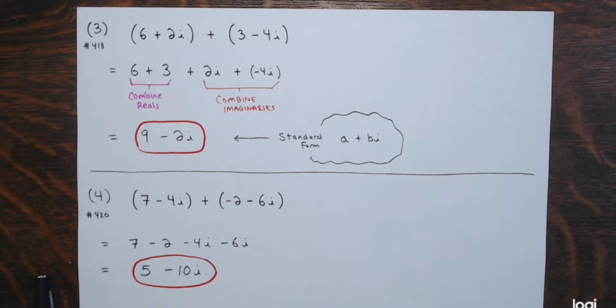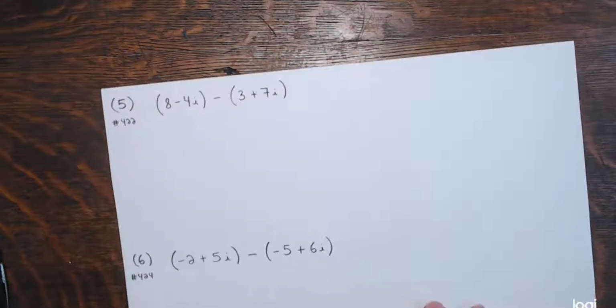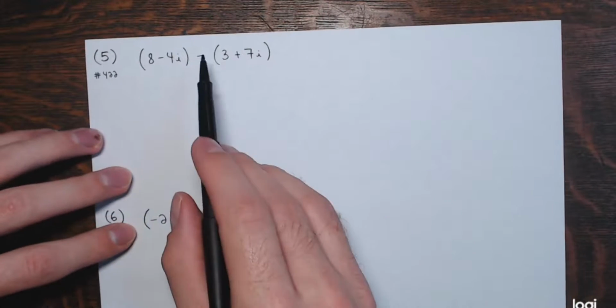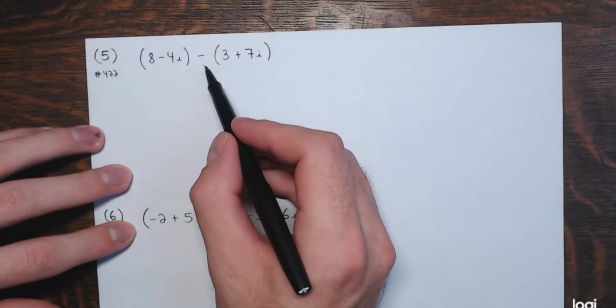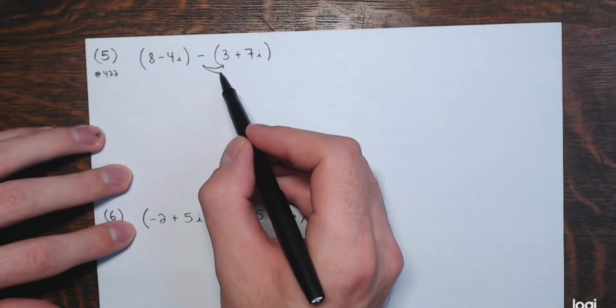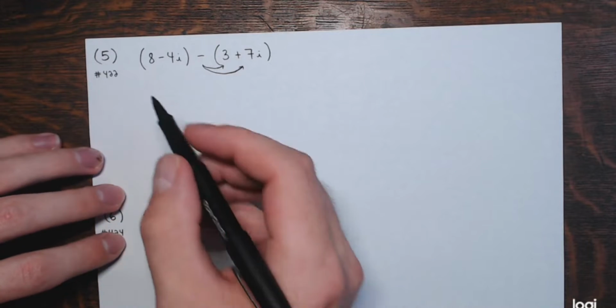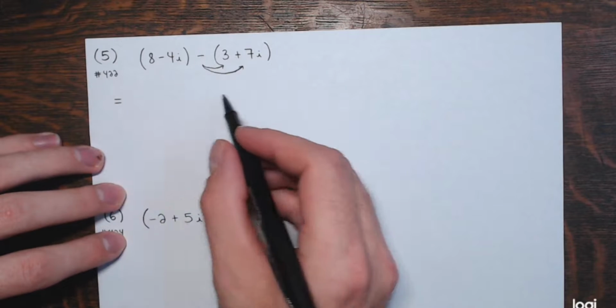Okay, next question. Now this has subtraction. Remember, when you're subtracting something with multiple terms, you're subtracting each term, not just the first term. So be careful with subtraction. Again, I'm just going to rewrite this big sum and rearrange the terms.